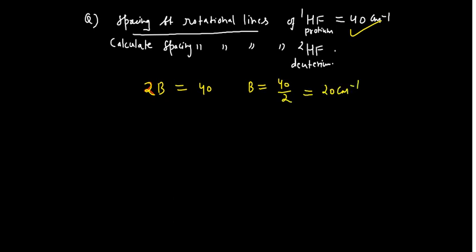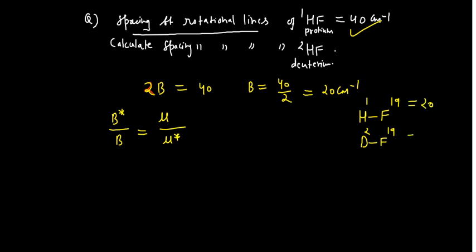Now you have this relation: b star divided by b has an inverse relationship between mu and mu bar. If you have HF, hydrogen is 1, fluorine is 19. If you have deuterium, that is DF, it is 2 and 19. So the total is 20, and the total is 21. You should know this.